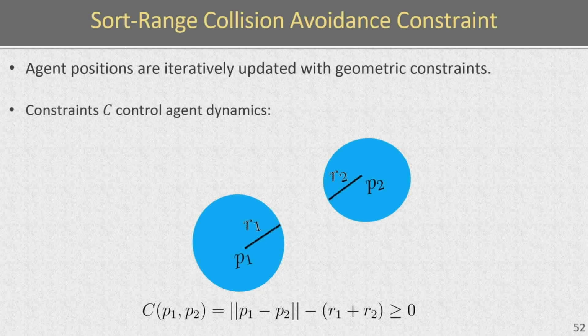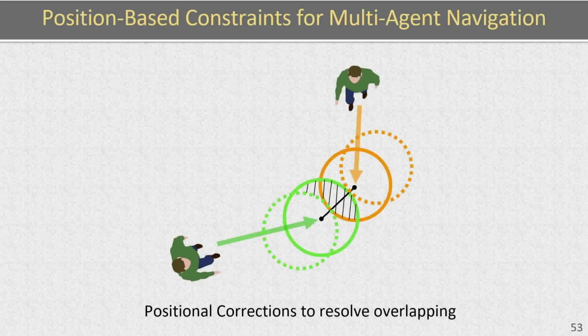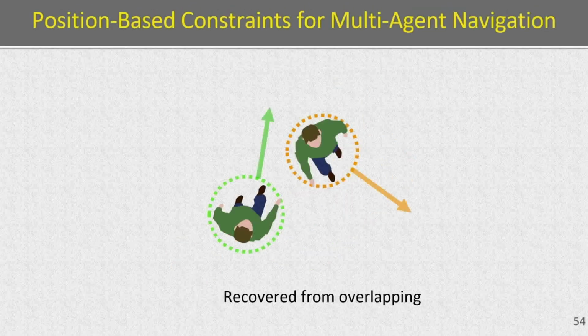Constraint C here is inactive in case there is no collision, and when a collision occurs, the constraint becomes activated, and PBD short-range collision helps us correct the position from this overlapping.